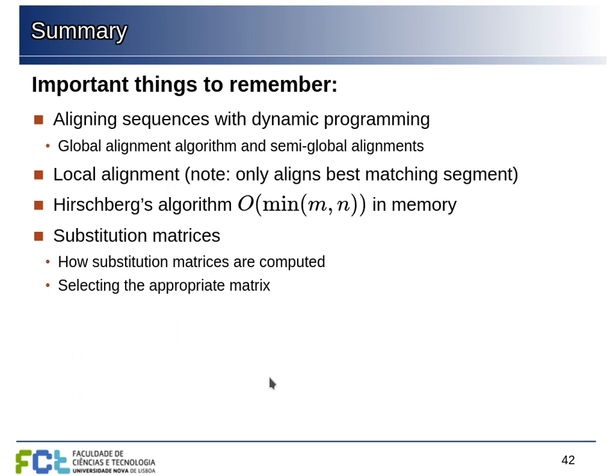We also saw a variant today, local alignment. It only aligns the best matching segments of the sequences, but it's basically the same algorithm. We just have that additional 0 there when choosing the maximum.